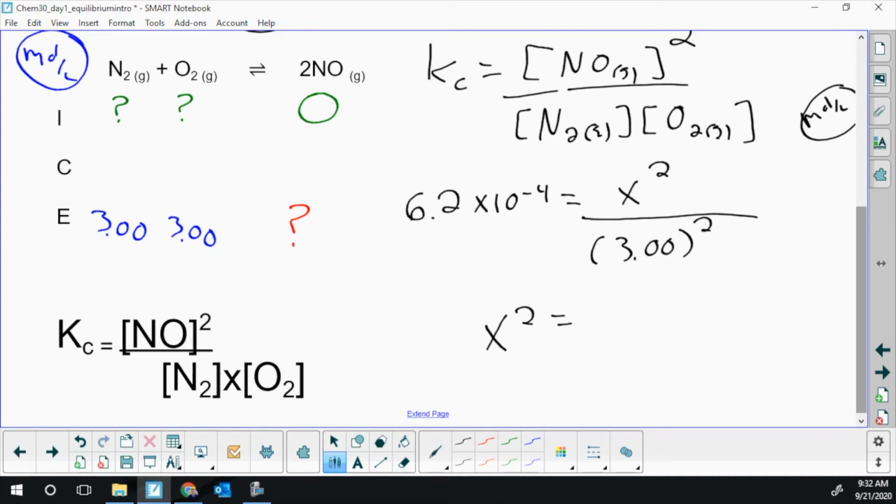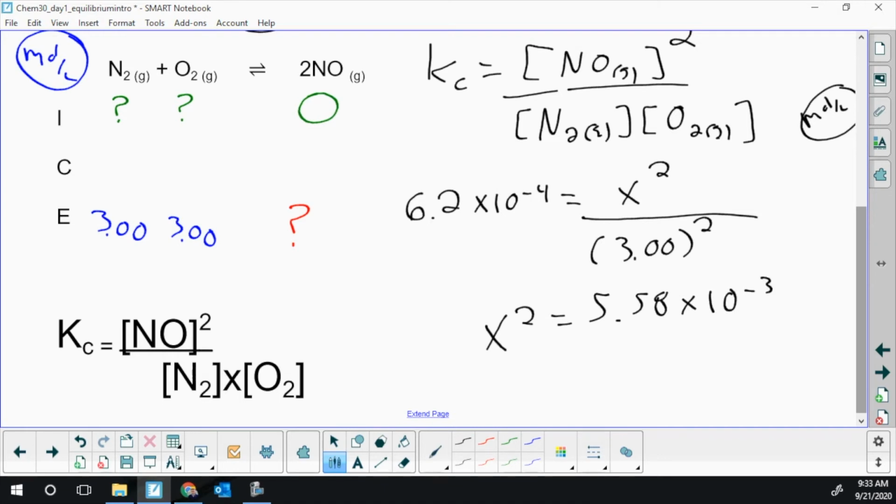X squared equals... cross multiply. X squared is crossed with a 1 down below, and I do that multiplication, and I got 5.58 times 10 to the minus 3.